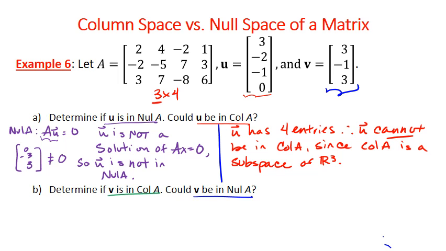So we're good to go. Remember, for the column space, we will reduce matrix [A v] to echelon form. So [A v], when it's reduced, becomes the following. It's kind of a big one, so hold your horses.